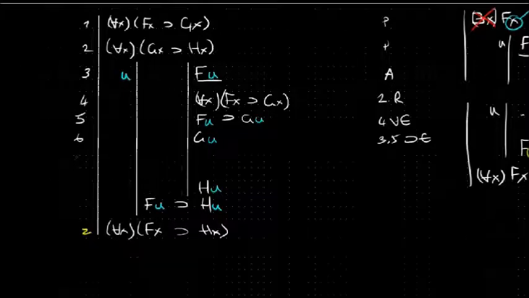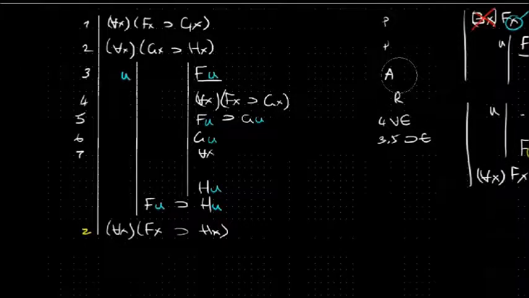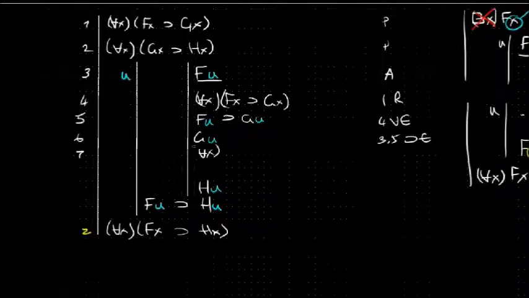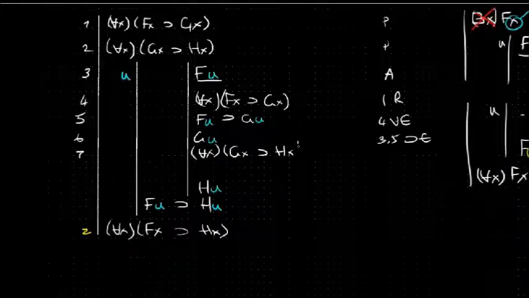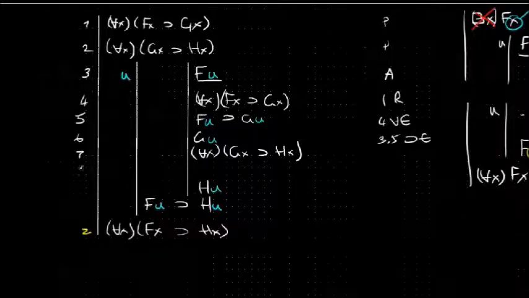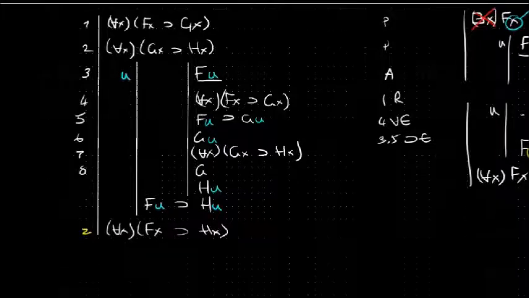Then all we need to do on line 7 is reiterate up this second one. That's a reiteration from line 1, not 2. This is a reiteration from line 2. Every x is such that GX then HX, and we can eliminate that universal quantifier again to end up with GU then HU, and then just straightforwardly do a conditional elimination, a horseshoe elimination from 6.